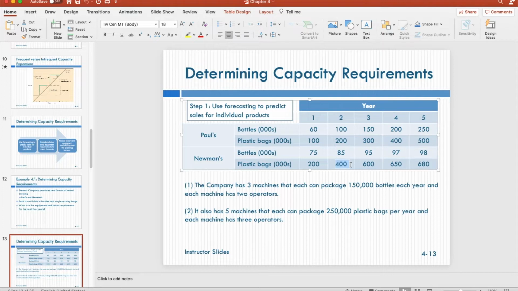Here we use the forecasting technique to give this specific information in order to do the capacity management procedure.